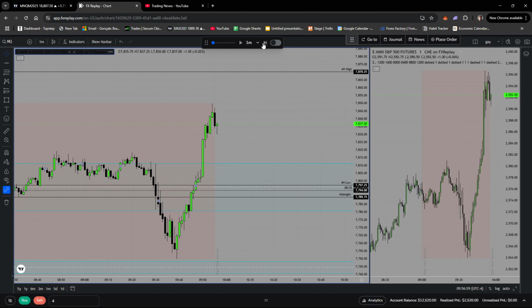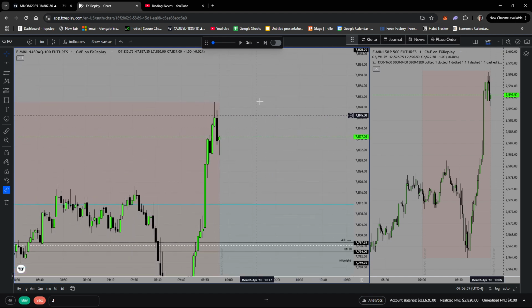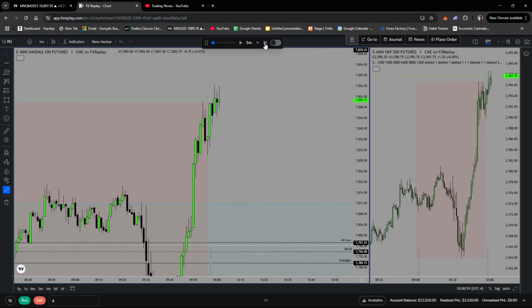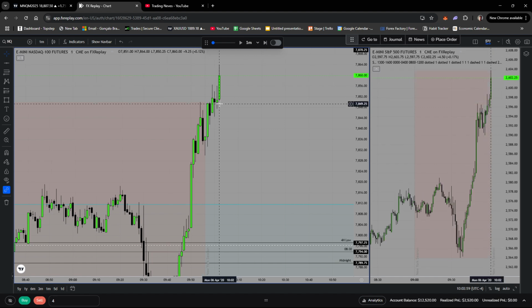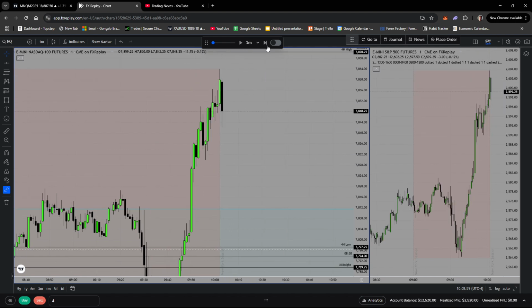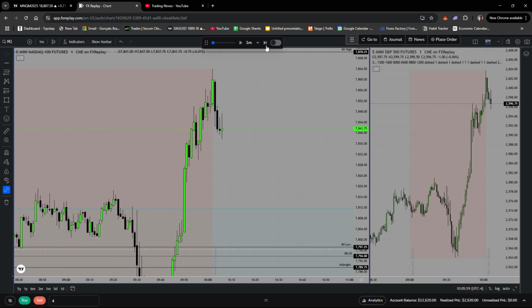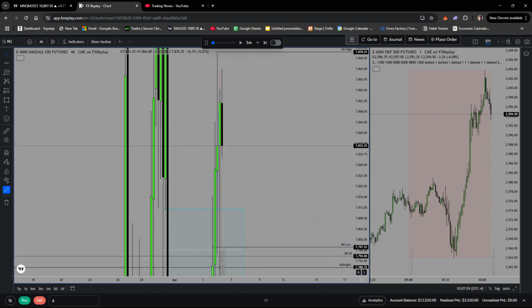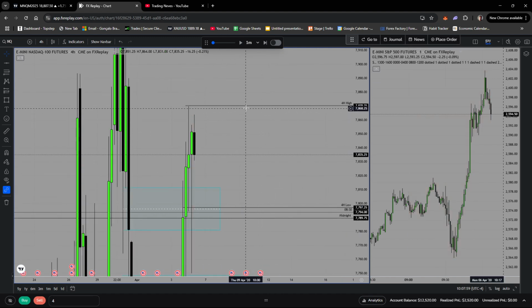We're not going to take this one. Let's see what 10 o'clock can do, because I missed my initial setup here. Okay, so we're starting to displace. 10 o'clock has closed.